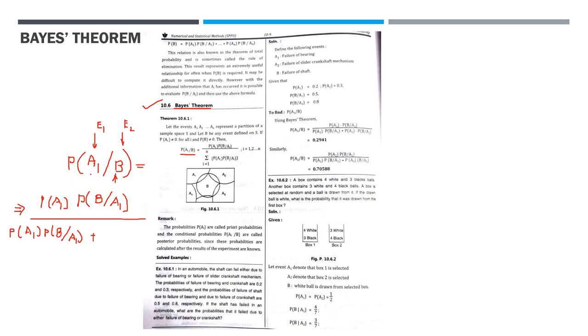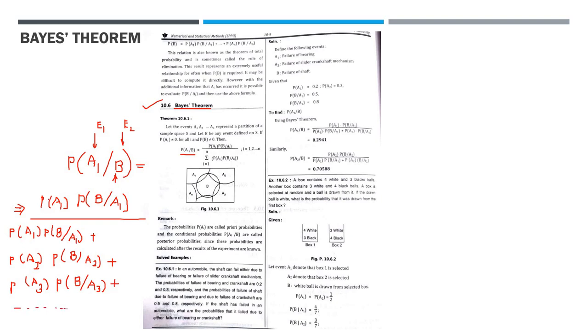We don't have only the event A1, because we are combining a number of events occurring at the same time. So the addition of the second one: P of A2 and P of B given A2, for event A2, plus the probability of event A3 multiplied by the probability of B given A3. This is the total space, the big event, and A3 is out of that event, plus so on.